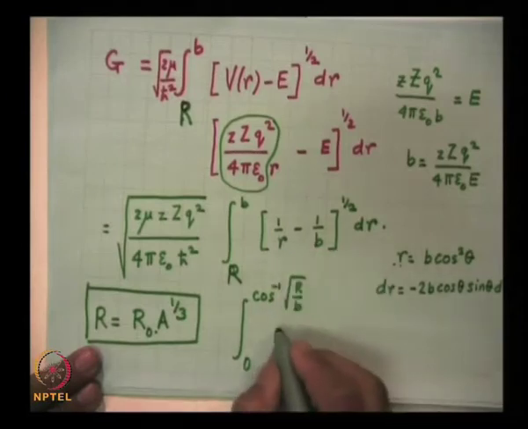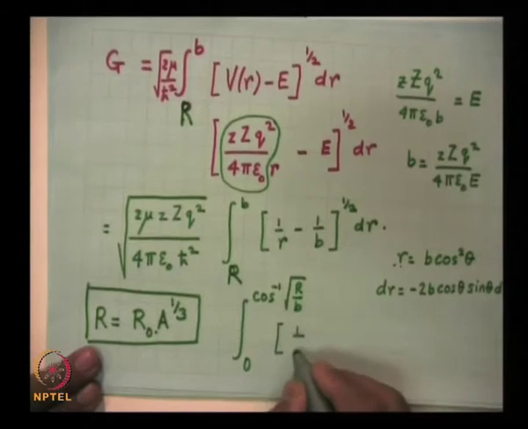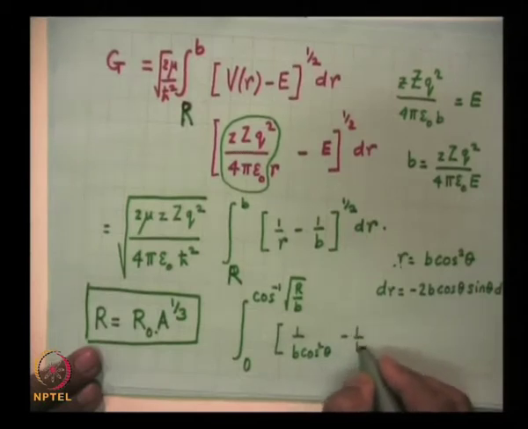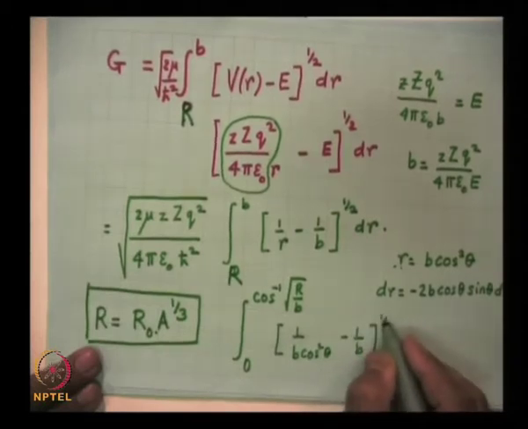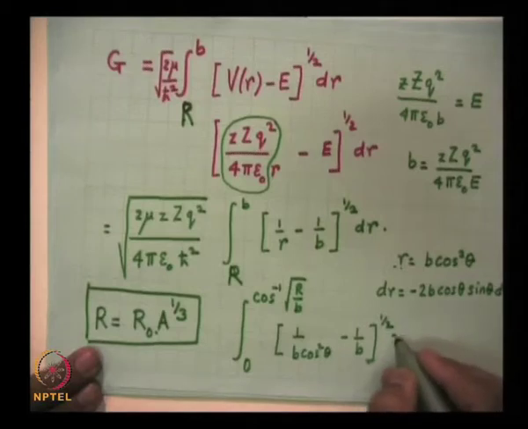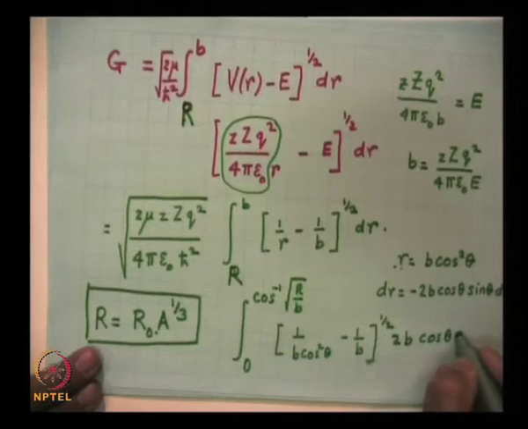The integrand will become 1 over b cos square theta minus 1 over b raised to the power of half, and dr is 2b cos theta sin theta d theta. I hope it is clear.